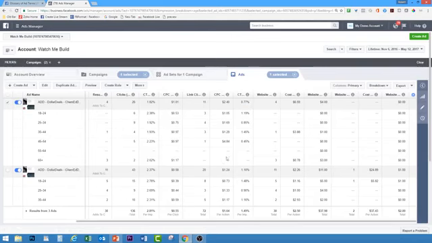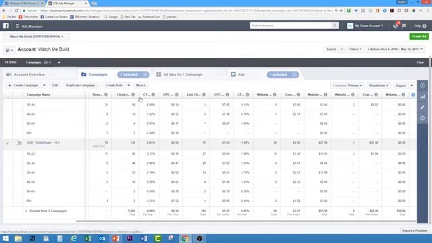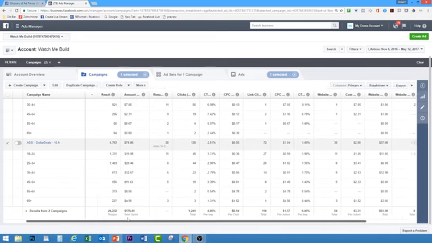So it makes sense that Facebook would be showing it to, let's go back to the campaign level, or the buyers would be in the younger crowd right here. But let's see what the spend is elsewhere.